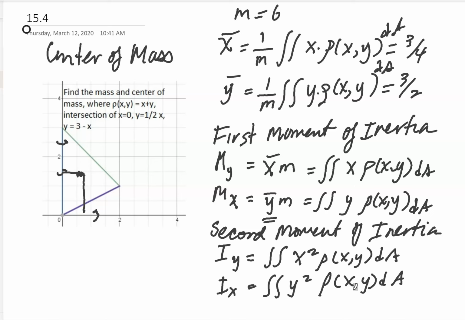So here are the formulas for the second moment of inertia, and I will use the notation that Stewart's book uses. One thing I should say is the Stewart book does not even acknowledge that the first moment of inertia exists, but this is the formula. Again, it's almost identical to what you see above, except it's got an x squared and a y squared instead of the first power terms.